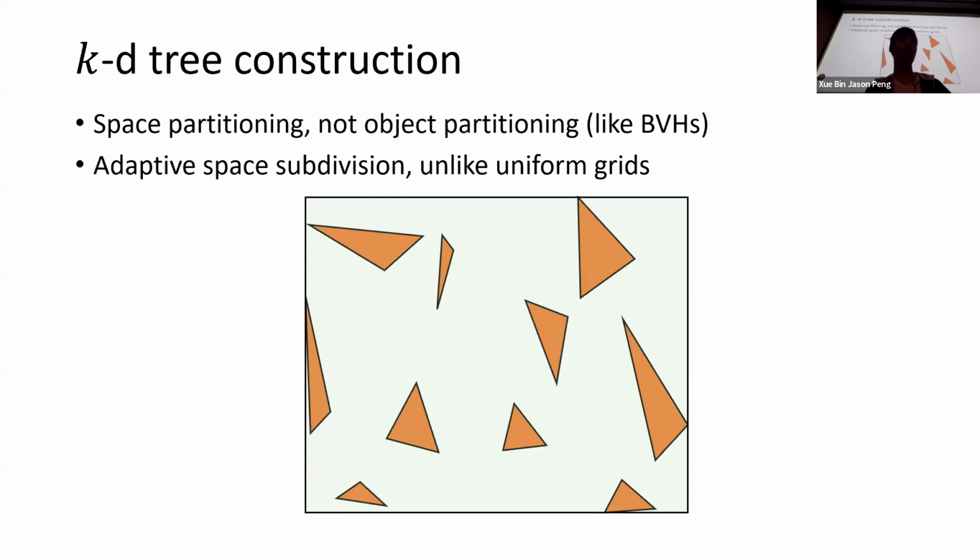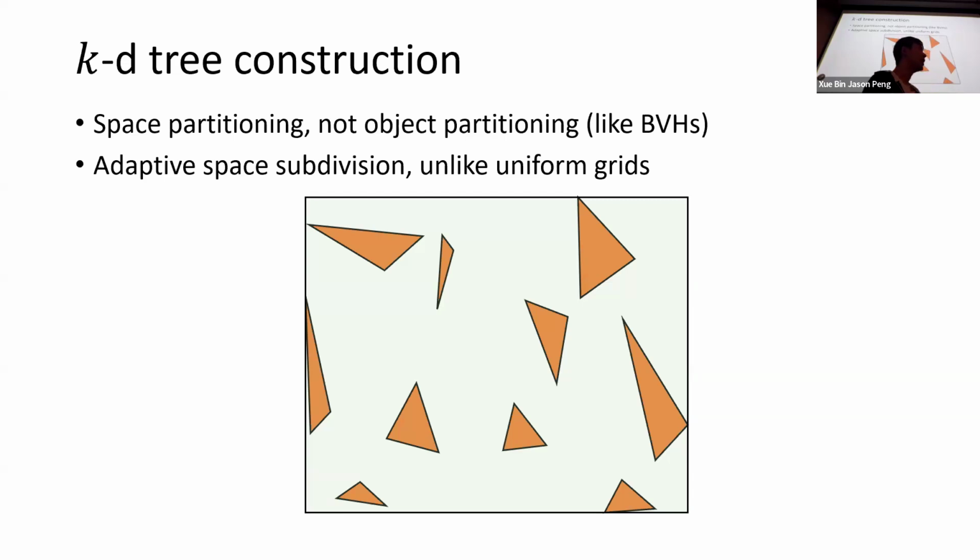Depending on how the objects are distributed in the scene, some cells might contain large numbers of objects, while other cells will end up containing relatively few objects. So if we have a very uneven distribution of objects in a scene, with a uniform grid data structure, we might have many empty cells and then a few cells that have a very large number of objects. And this will make the intersection tests more inefficient.